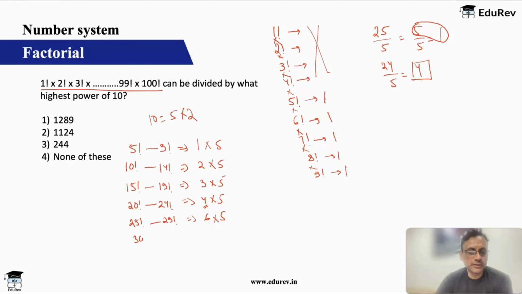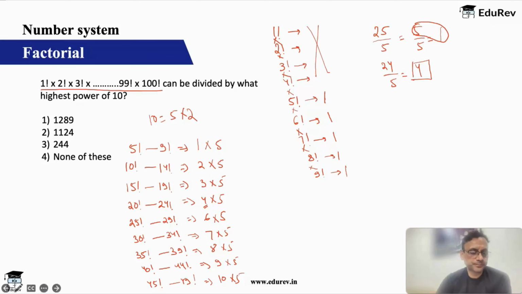Then 30 factorial to 34 factorial, there'll be 7 fives into 5 of them. 35 factorial to 39 factorial, 8 fives into 5 of them. 40 factorial to 44 factorial, 9 fives into 5 of them. And 45 factorial to 49 factorial, 10 fives into 5 of them. Okay.